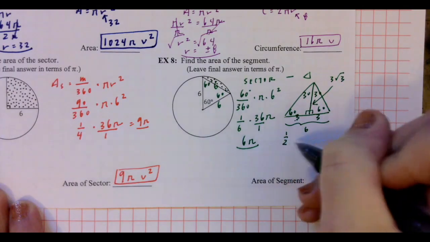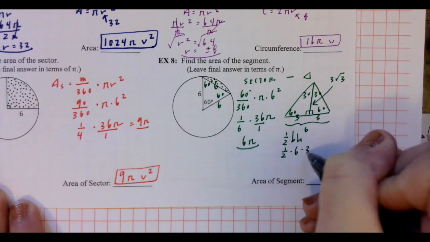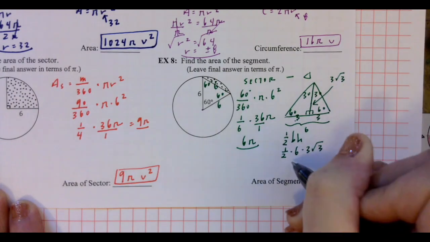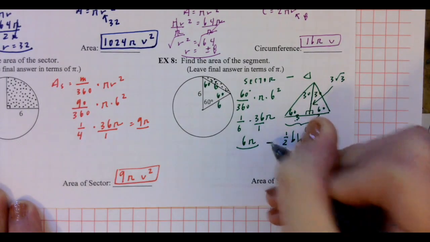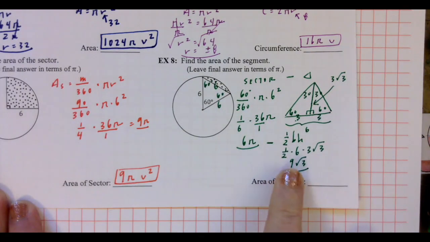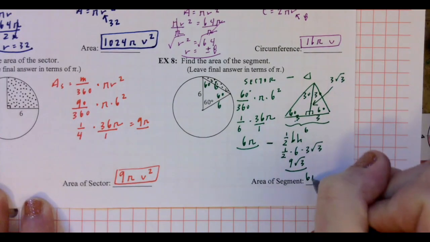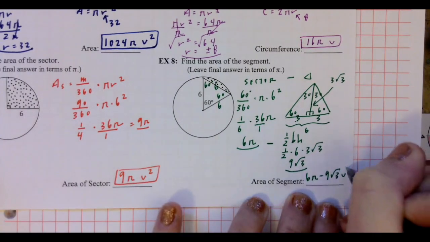So half base times height, half of 6 times 3 root 3. Half of 6 is 3 times 3 is 9. So 9 root 3. I take my sector, I subtract my triangle, and I have my segment. So 6 pi minus 9 root 3, units are squared.